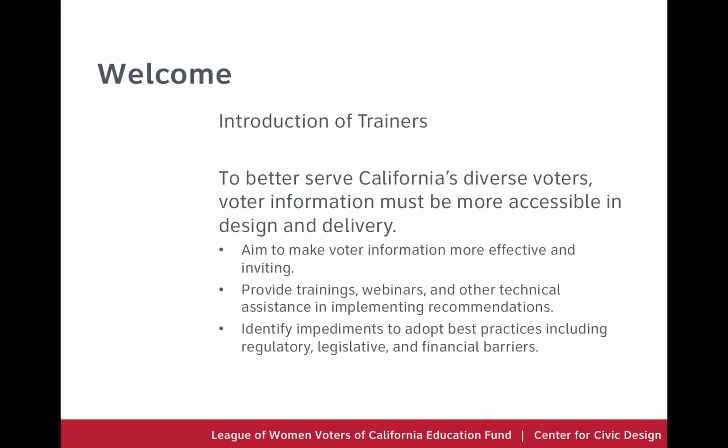The League is very well aware of the fact that our registrars and our election officials are not sitting on piles of cash to build the Taj Mahal of voting information. If you identify that there's potentially some barrier, we hope you'll bring that to our attention, because we're committed over the long haul to helping address those regulatory, legislative, and financial barriers, and to really doing whatever we can to help you deliver the best possible resources to your voters that you can.